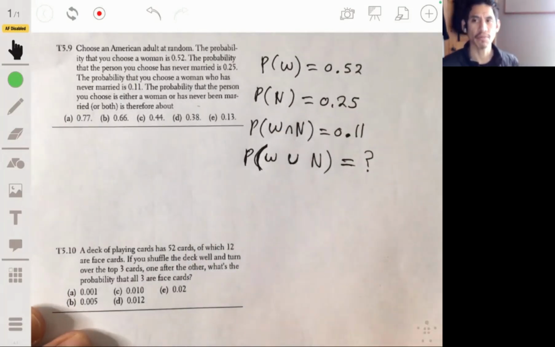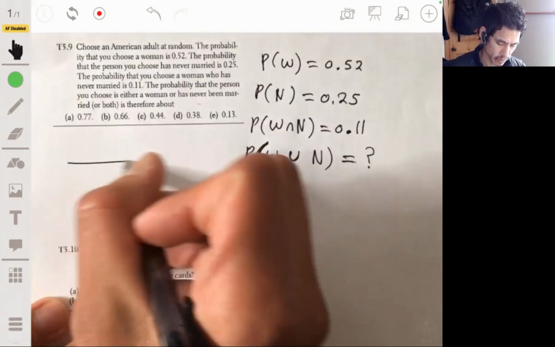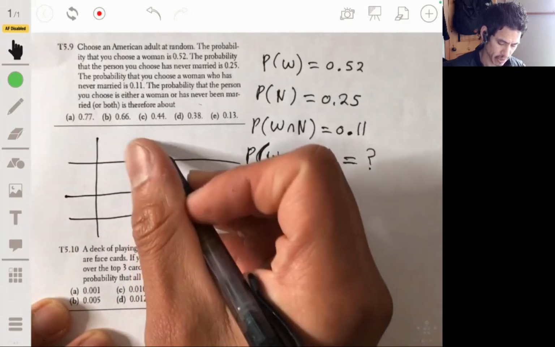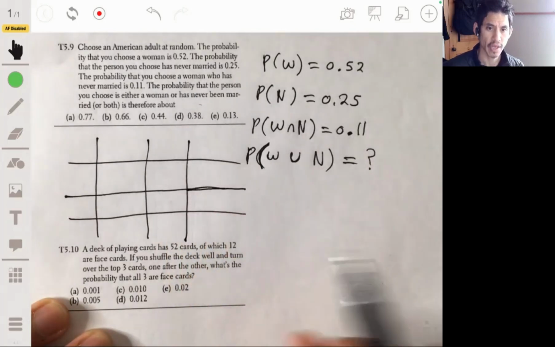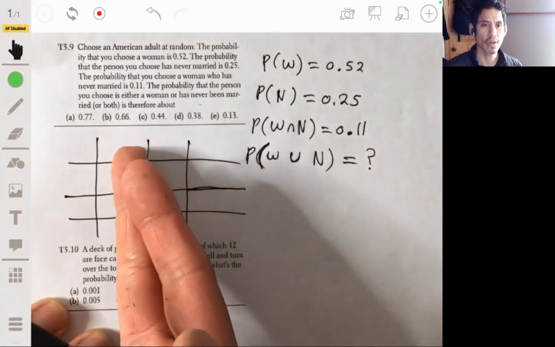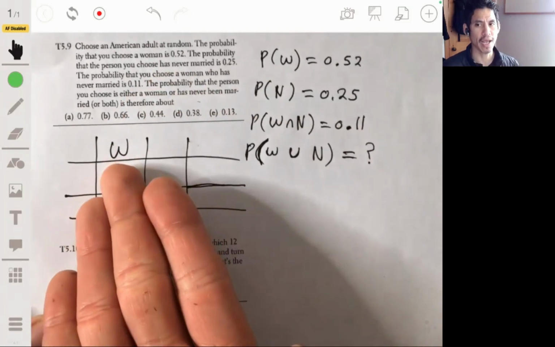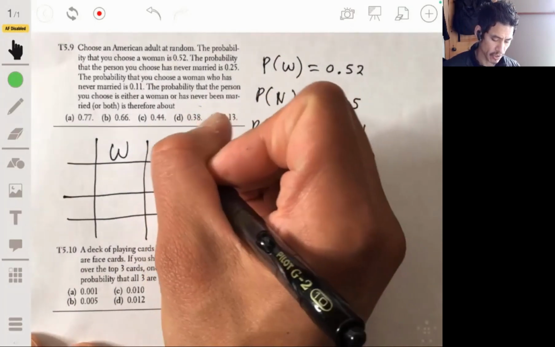So for this problem, I recommend making a two-way table, just like what the title says. Across the top row, we're going to have the choice of being a woman, or just not being a woman, W complement.